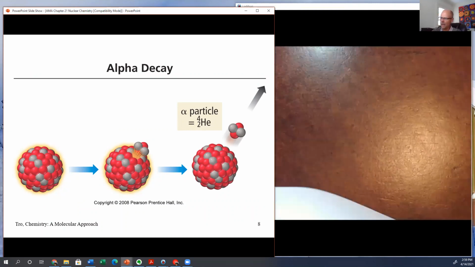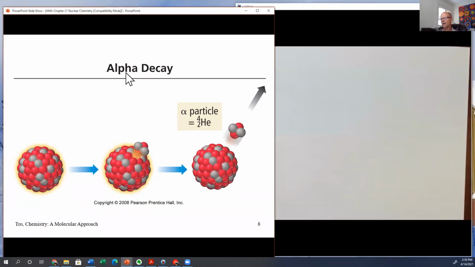So in alpha decay, what you have is an unstable nucleus that then emits an alpha particle, which remember is 2 protons and 2 neutrons. It jumps out, and of course, that leaves a lighter nucleus, a different nucleus than the original one.